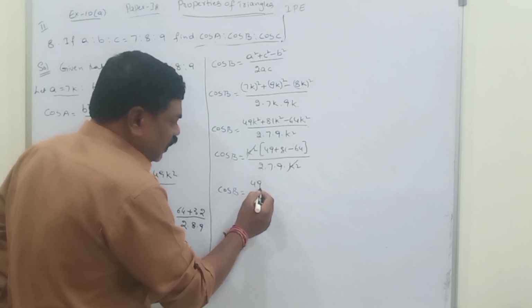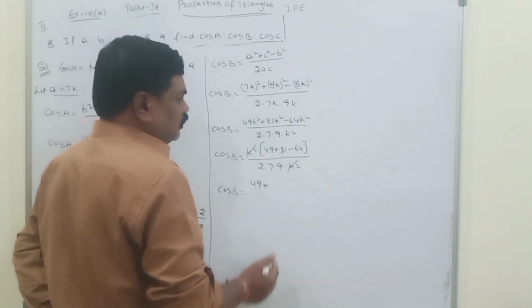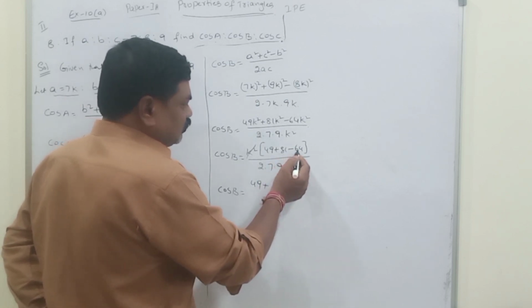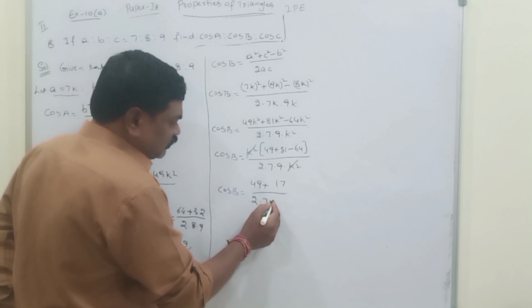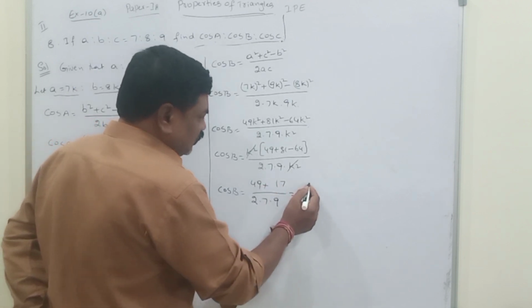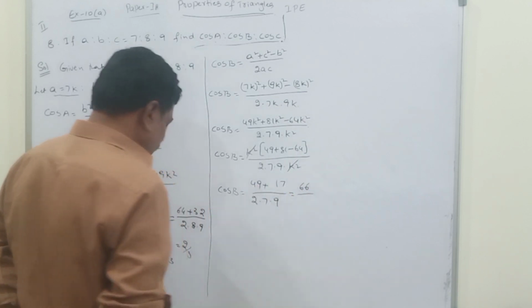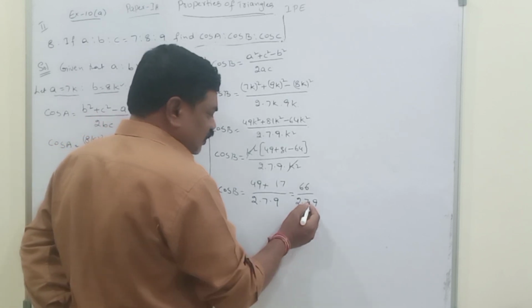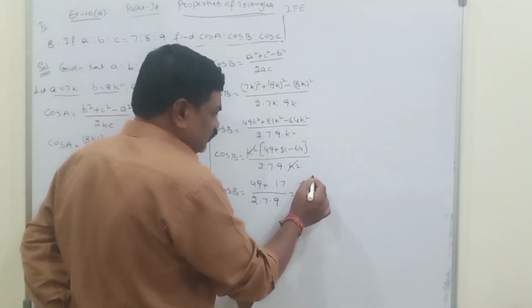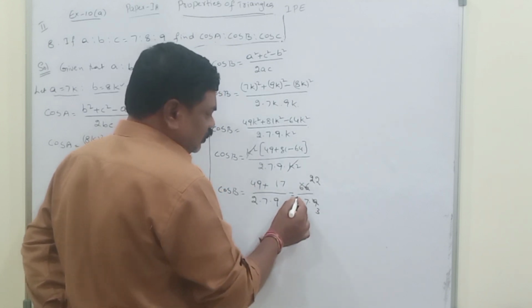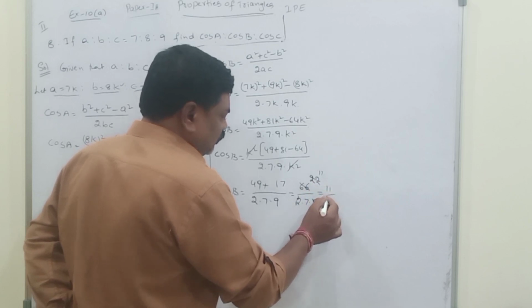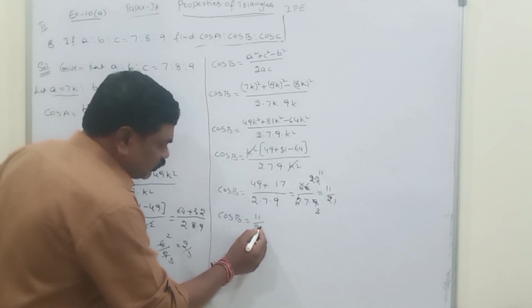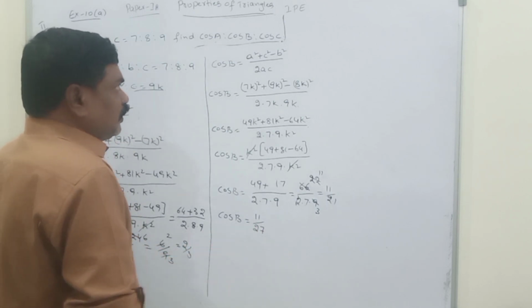Here you have to observe 49 plus 81 minus 64, which is 66. So 66 by 2 into 7 into 9, and simplifying, cos B is equal to 11 by 21.